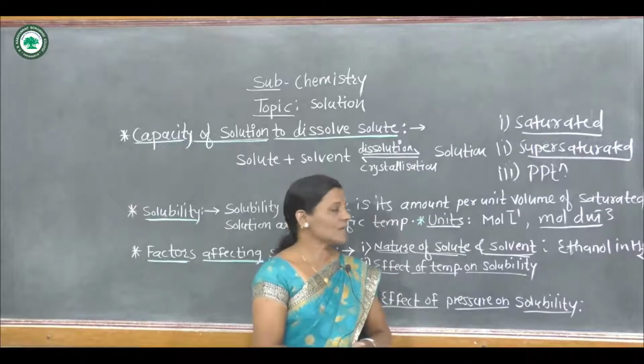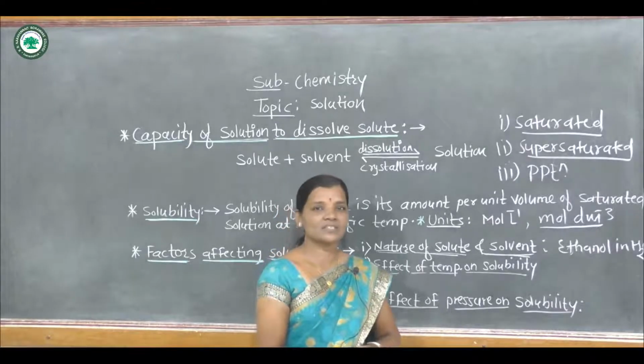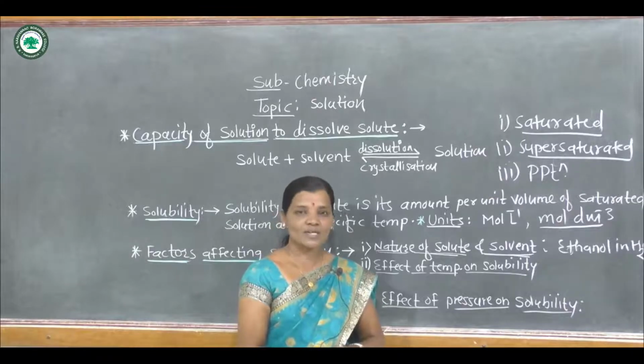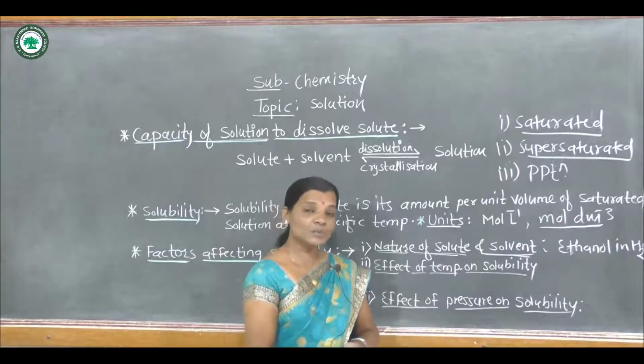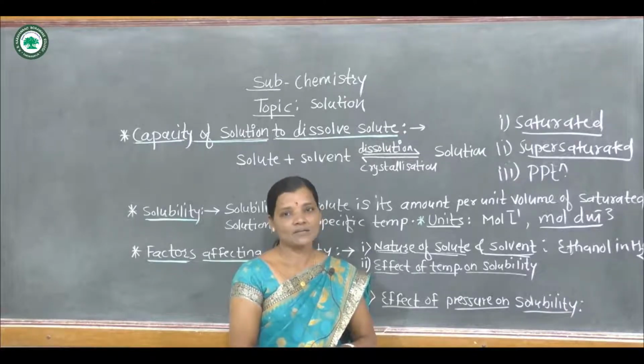And why does this happen, why does a polar solute readily dissolve in a polar solvent? That is due to some interactions. There are three types of interactions: solute-solute interactions, solute-solvent interactions, and solvent-solvent interactions. Due to these interactions, polar solutes readily dissolve in polar solvents.